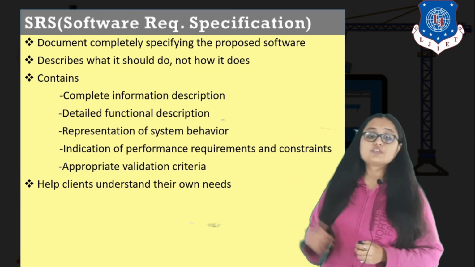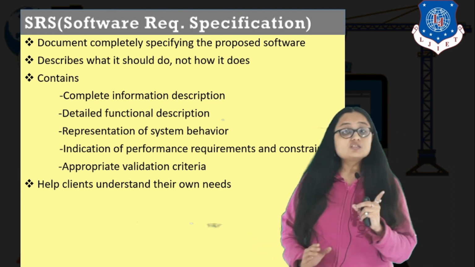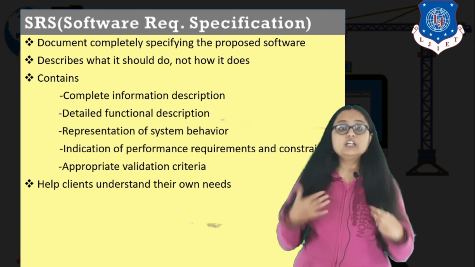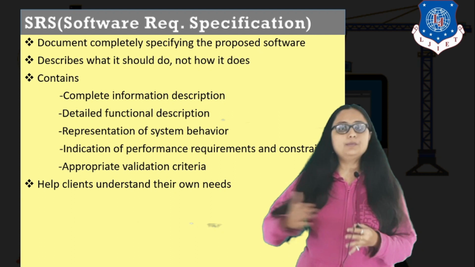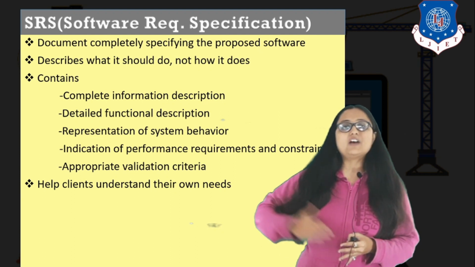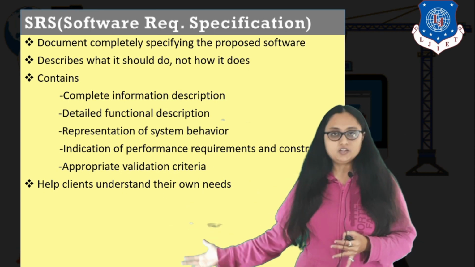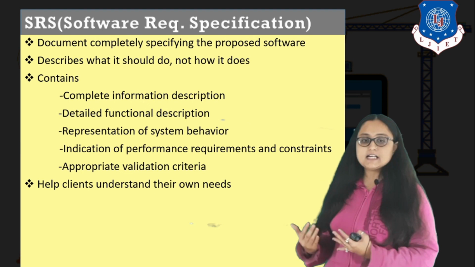It consists of complete information description about your system. It also consists of a detailed function description, because we know that in the elaboration phase we have elaborated, or you can say refined, every functionality and non-functional requirement, right? So we will have a detailed function description in the SRS.